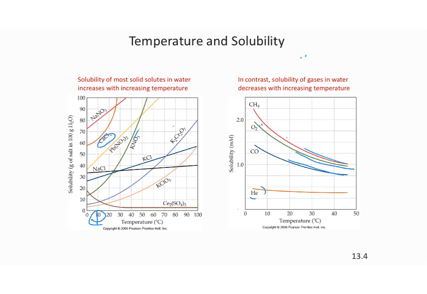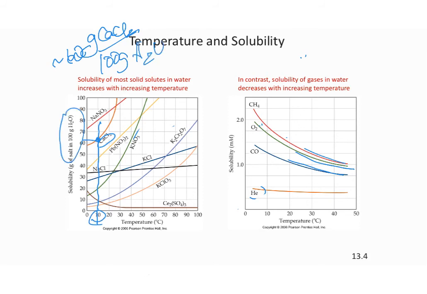Its solubility is the maximum amount of solute that will dissolve. So take this up at 10 degrees. Oops, I went too far. The solubility of calcium chloride at 10 degrees is about 62 grams of calcium chloride, look at the units there, per 100 grams of water. It's kind of weird units for solubility.